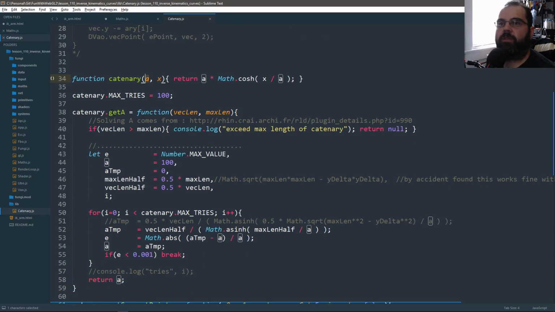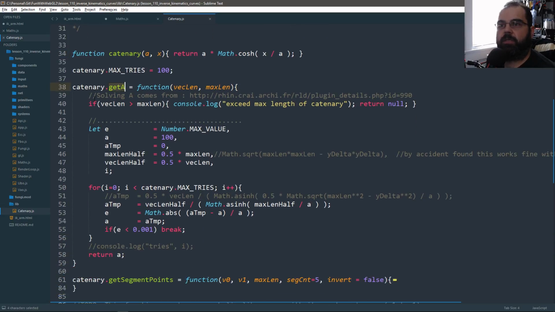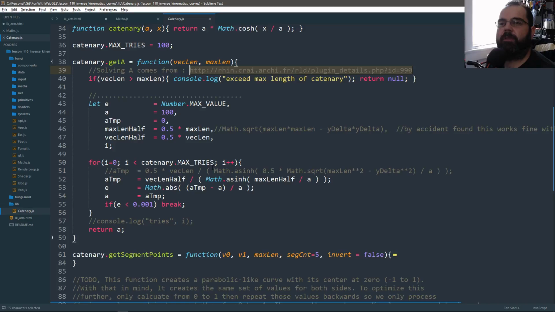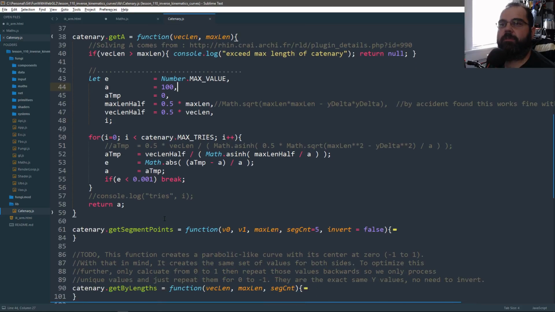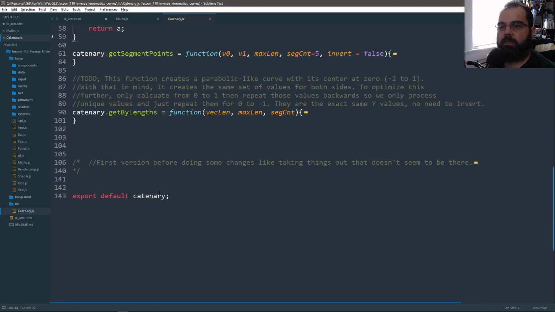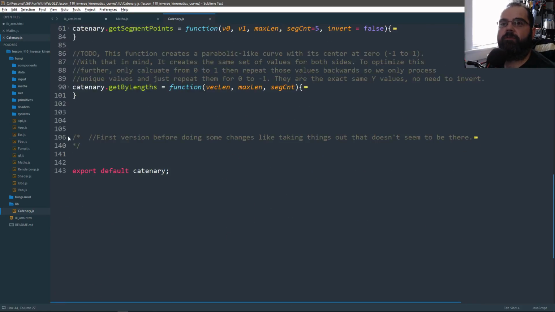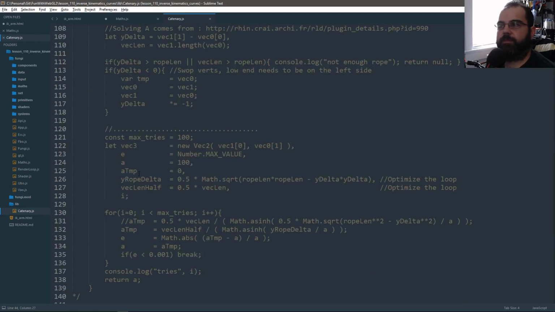But it took me a while to find a decent example of this, and this is an example from I think this link. I converted it, probably into JavaScript, and then optimized it. I think I have the original. The first version I did is here. It's a little bit more complicated.